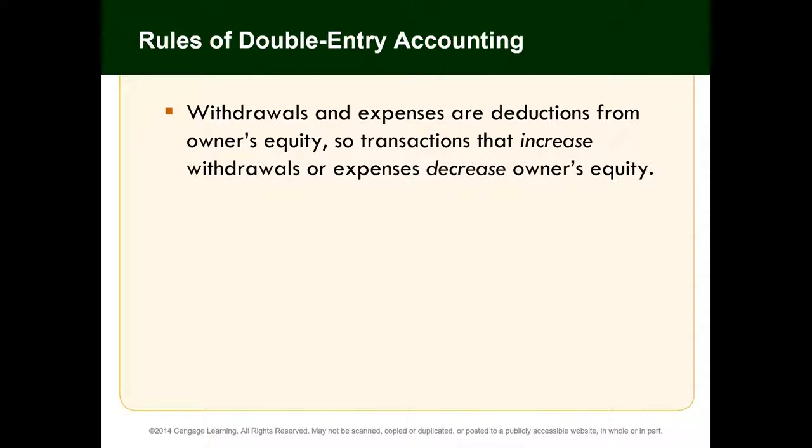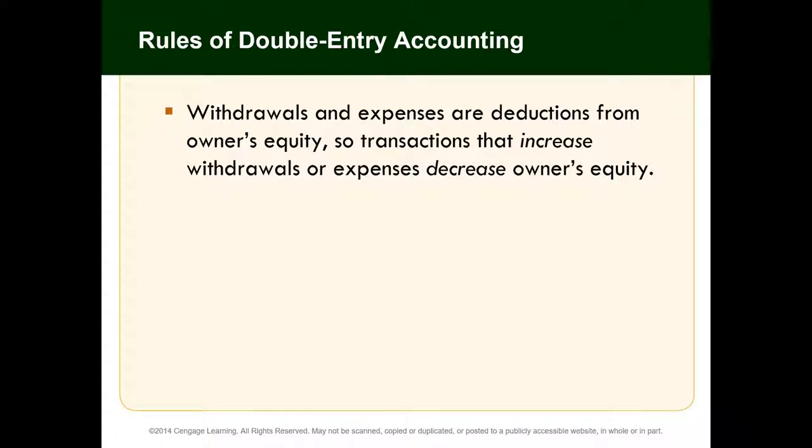What happened to the cash? Therefore the cash is going to be down by 600, and we have a new account, withdrawals. Withdrawal is treated exactly the same as assets. Like we said, assets, expenses, and withdrawals are treated the same way.